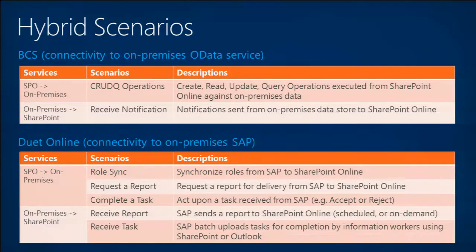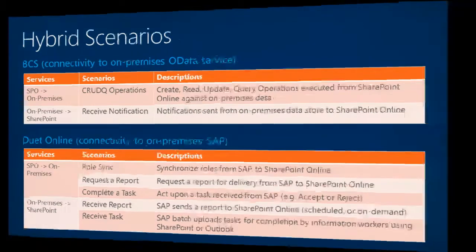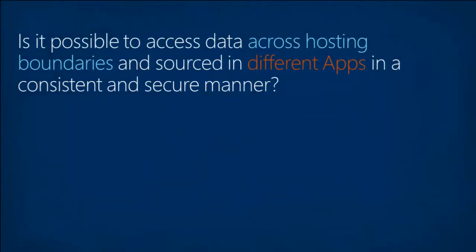So those are the high-level scenarios that we're going to talk about in this session. And for each of these scenarios, I'm going to talk about a design and do a demo.